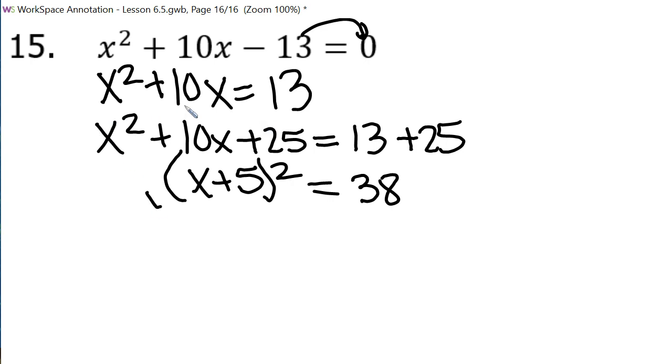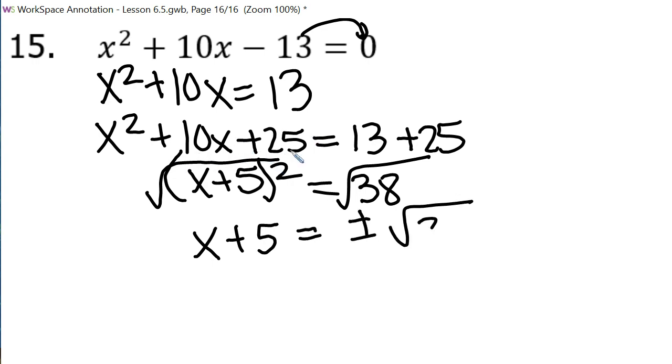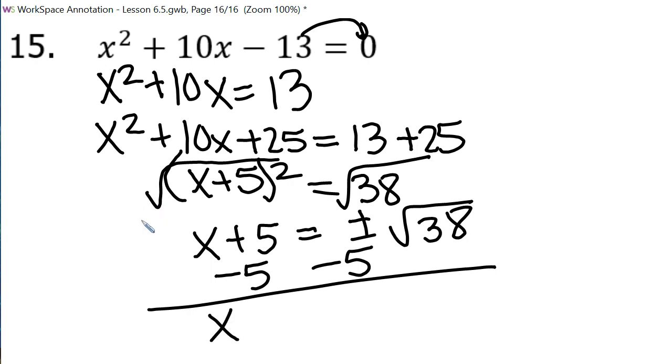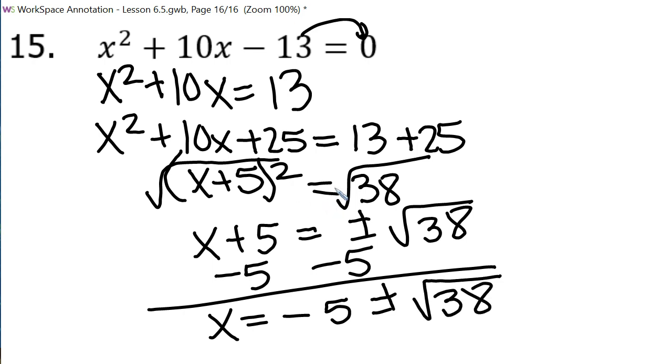Square root both sides. So that gives us x plus 5 equals plus or minus square root of 38. What's next? Subtract 5 to both sides. So x equals negative 5 plus or minus square root of 38.